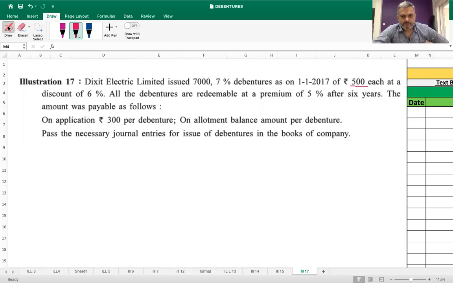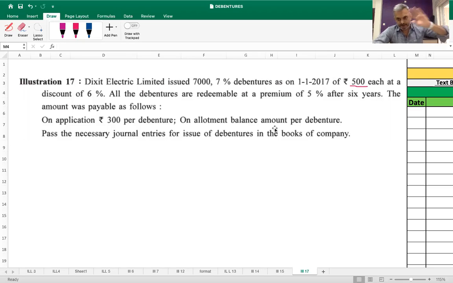All the debentures are redeemable at a premium of 5%. So you will issue all these debentures at 470, but you are going to give back 5% more, so 525. The amount was payable as follows: on application 300 per debenture, on allotment balance amount per debenture.